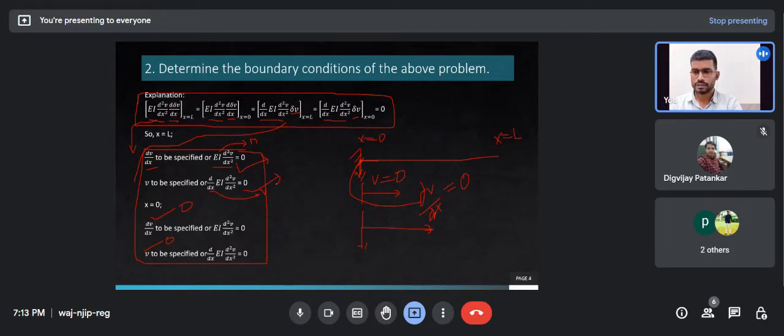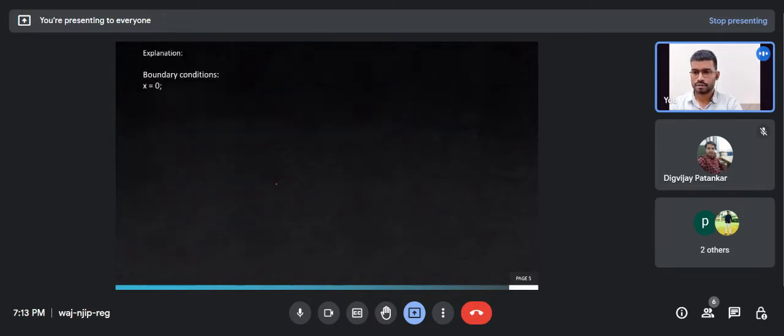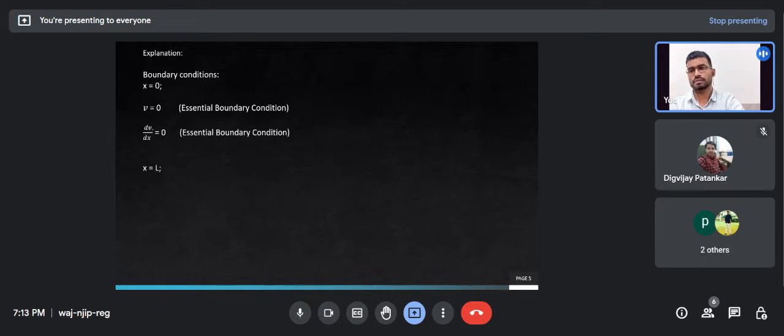So that is what I have written in the second slide. At x is equal to 0, this should be equal to 0, and this quantity is equal to 0. And at x is equal to L, this term must be equal to 0 because this can't be 0 at x is equal to L. Similarly, this should also be 0.